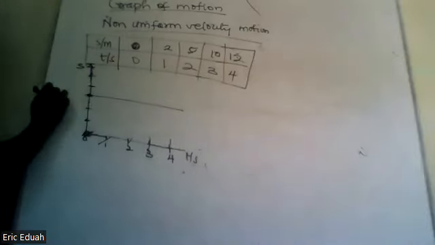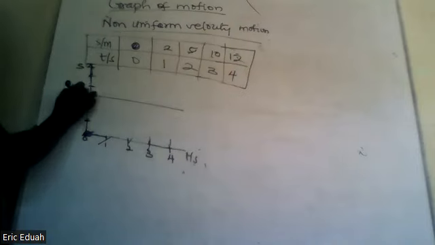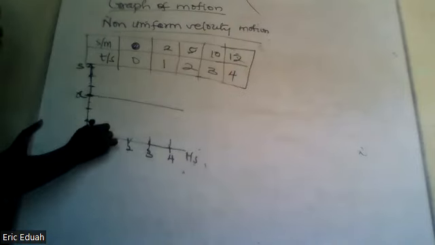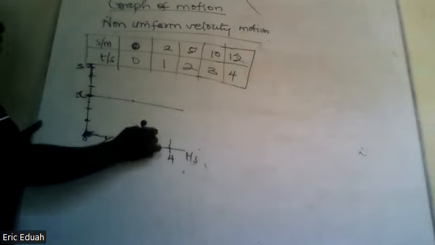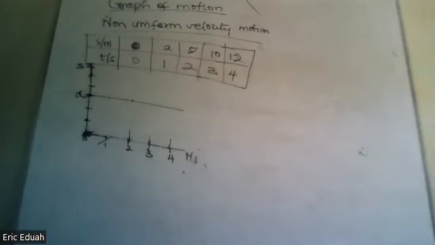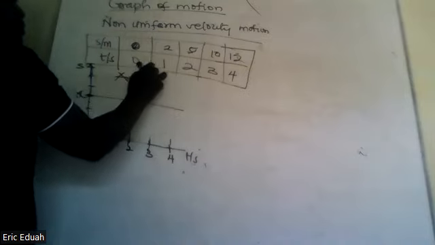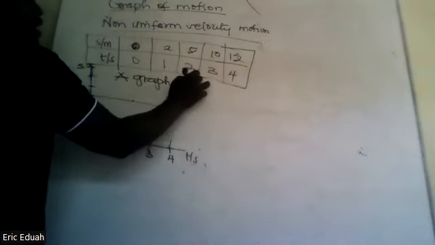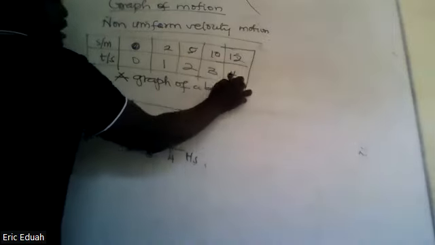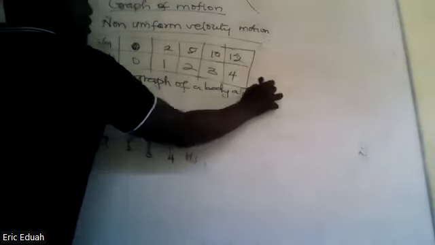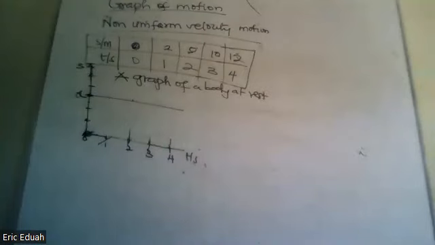Look, at time t equals 0, the distance covered by the body is this over here. Let's assume this is X. At time t equals 1, the same distance, meaning the body is at the same place. So the body is stationary. This is a graph of a body at rest, or a graph of a stationary body.